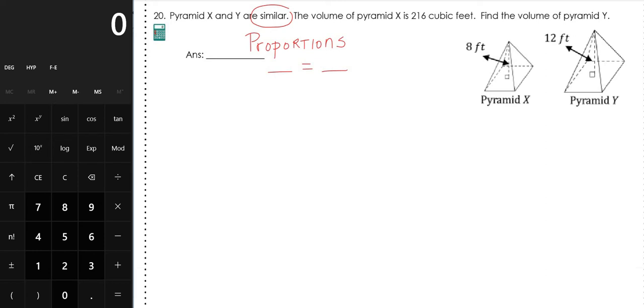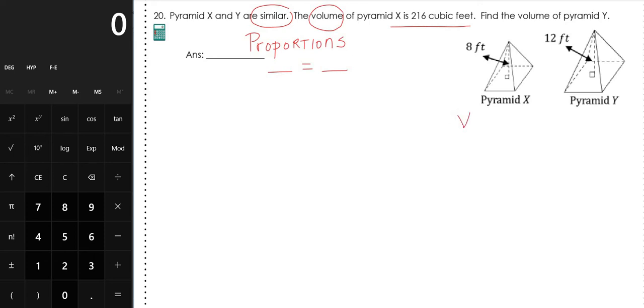Let's keep going. The volume of pyramid X is 216 cubic feet. Okay, so now we're talking about volume and similarity. We're going to have to take some notes in a second. So pyramid X is 216 cubic feet in terms of its volume.